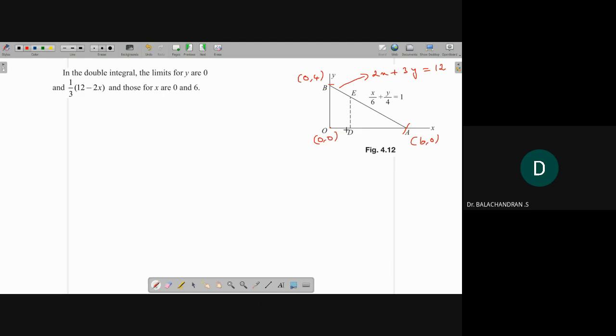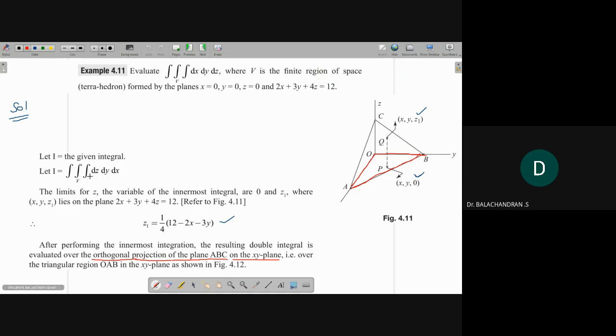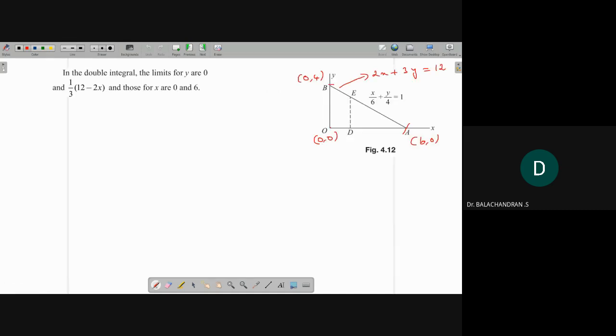Now next, take a strip, because after dz, next you have dy. So dy means I need to take a strip parallel to the y-axis. Here y is 0, and at the top, 3y equal to 12 minus 2x, so y equal to 1 by 3 into 12 minus 2x.